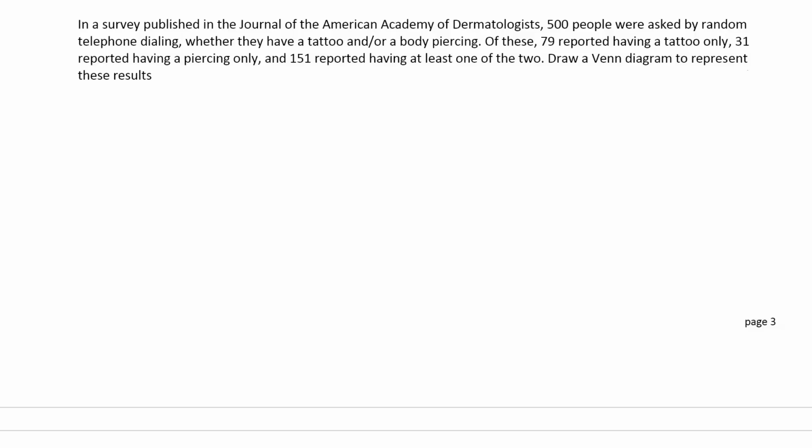Of these, 79 reported having a tattoo only, 31 reported having a piercing only, and 151 reported having at least one of the two. Draw a Venn diagram to represent the results, and then use your diagram to answer the questions below. So we have a set of people that have tattoos and piercings.